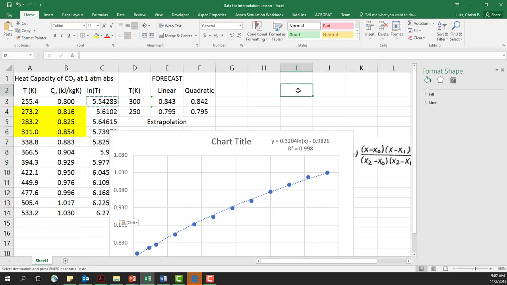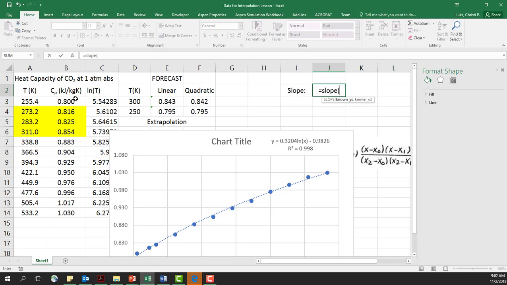And then I'm going to say the slope, and I'm just going to estimate the slope for all of my known y's, which is C sub p, and all of my known x's, which in this case now is log of T. That will get me the slope.